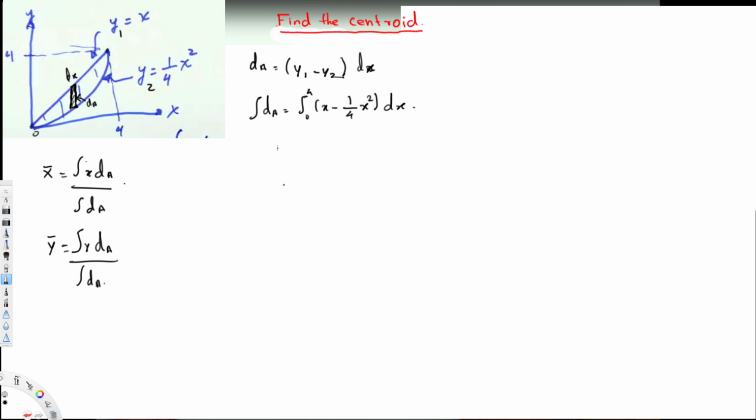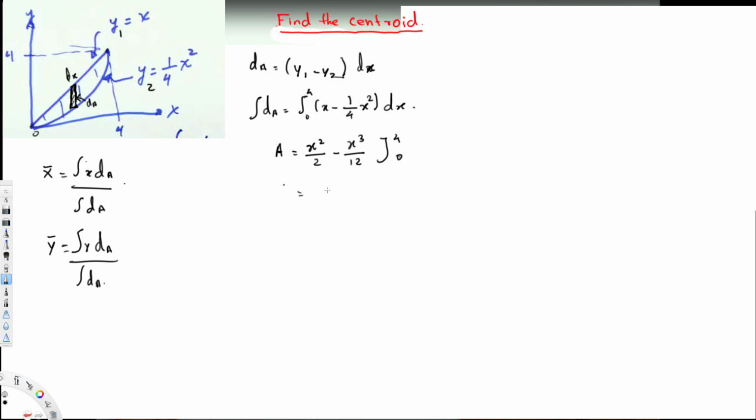When I integrate this, dA becomes A. The integral of this is the opposite of the derivative, right? So it's going to be x square over 2, and if I integrate the other term I will get x cube over 12, evaluated from 0 to 4.